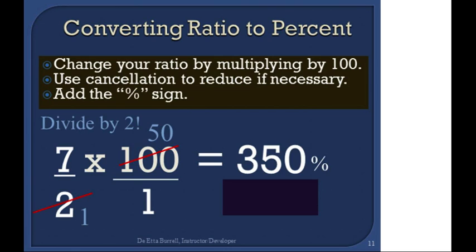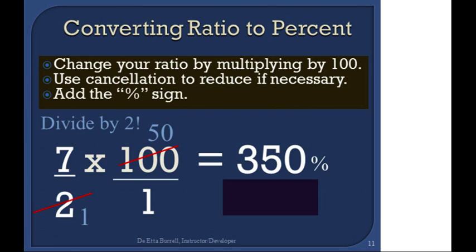And then can I cancel anything? The 2 and the 100 by what factor? 2. So 2 goes into 2 once, and 2 goes into 100 50 times. So what's 50 times 7? 350. Now I've got 350 over 1.